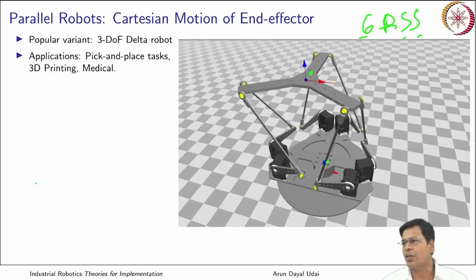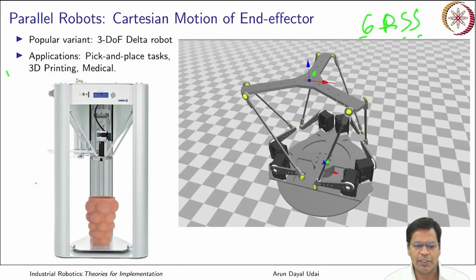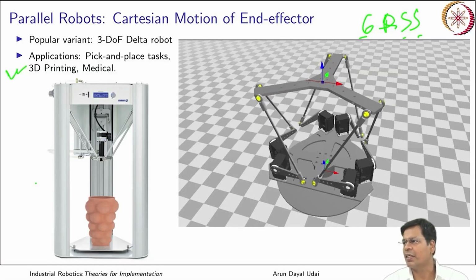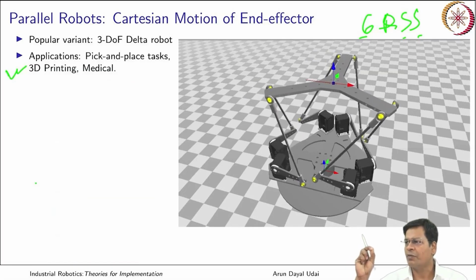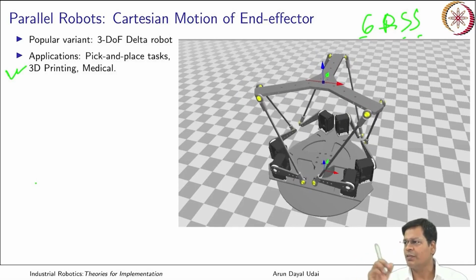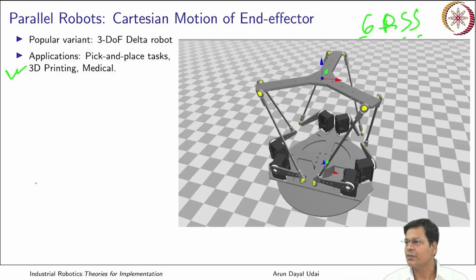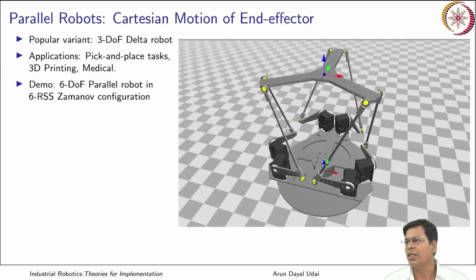These are very commonly used for 3D printing, and in medical surgery when you need your end effector to be very stable, precise and stiff. So these are a few applications you see.